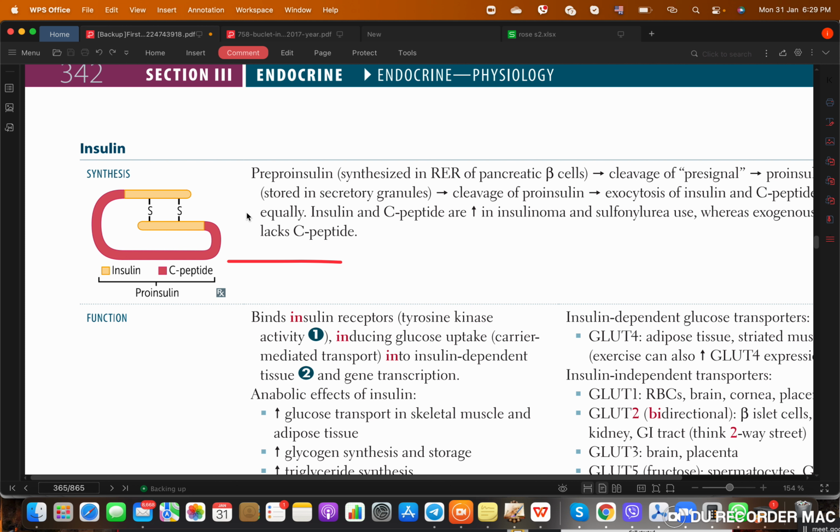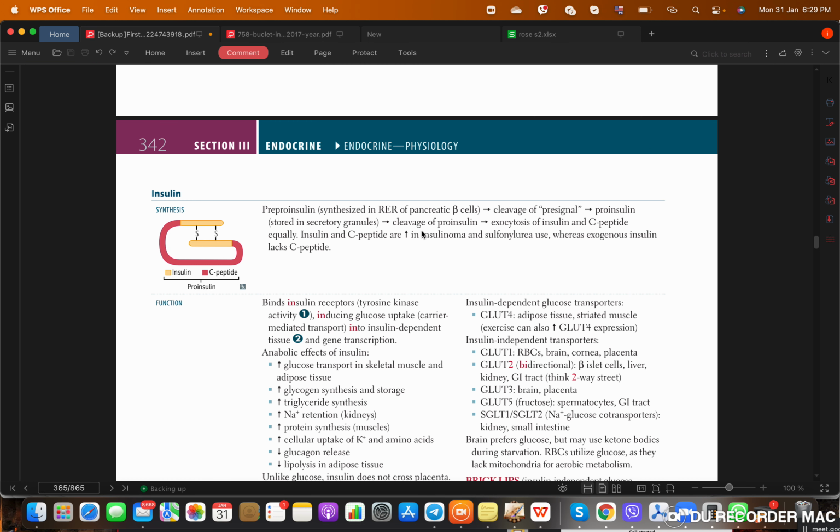It's never asked in the USMLE though, but for the sake of completeness, insulin is two chains of polypeptide, which makes it a peptide like a protein, and they have a disulfide bond between them. Okay.